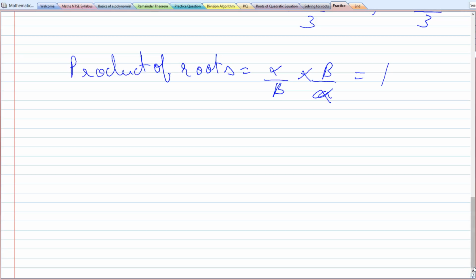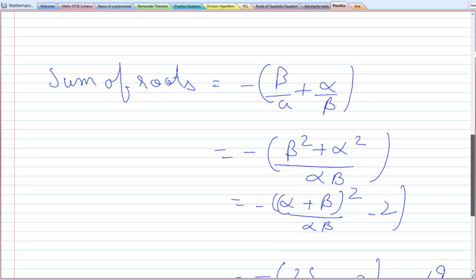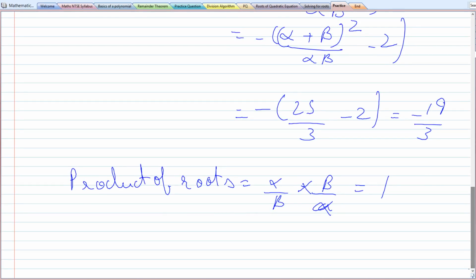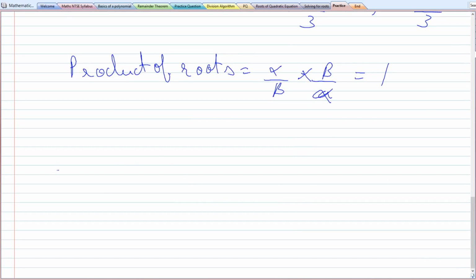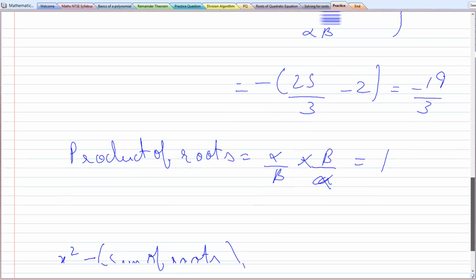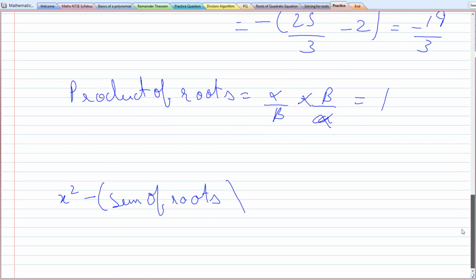So we get the equation as x square, assuming that a is equal to 1, seeing the options, minus sum of roots plus product of roots equal to 0.